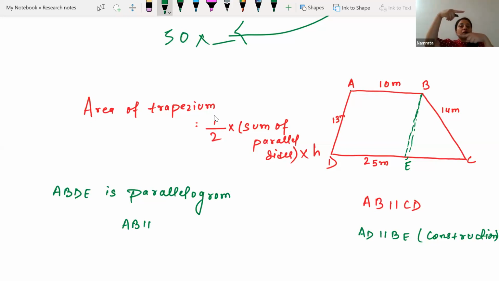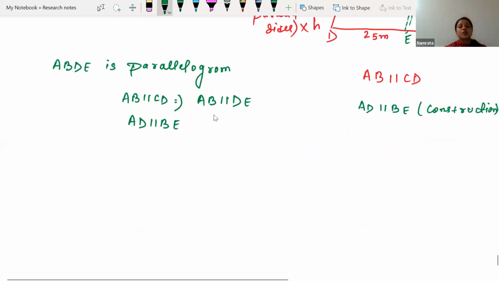If two lines are parallel, and you cut one of the lines, then a smaller part of that line will still be parallel to the other line. So AB was parallel to CD, and from here it came out that AB must be parallel to DE, because DE is just a smaller part of CD, right? Getting it? And we have done the construction in such a way that AD is parallel to BE. So if opposite sides are parallel, it has to be a parallelogram.